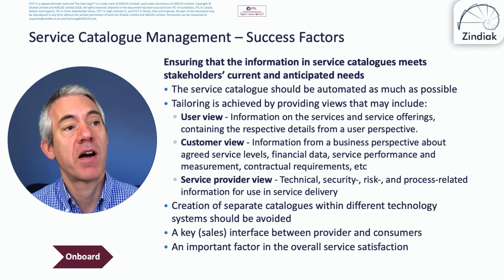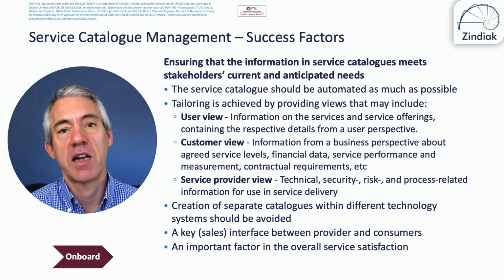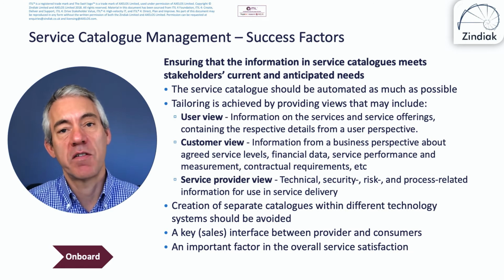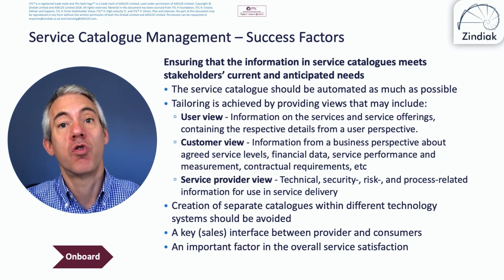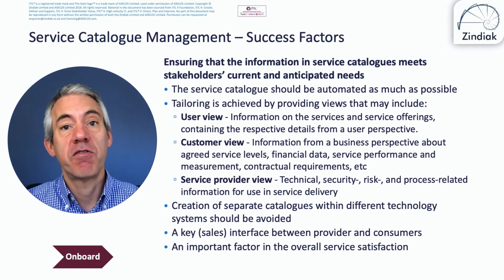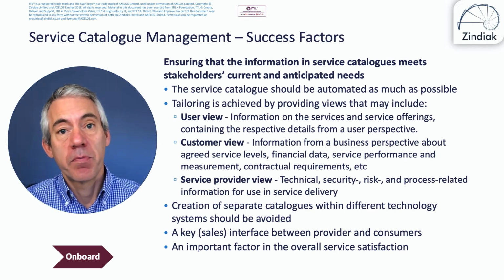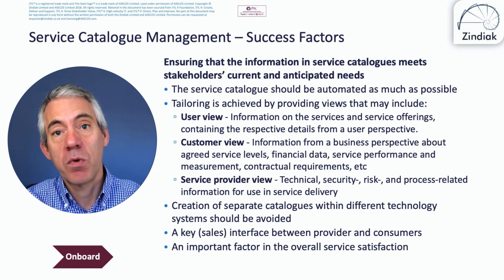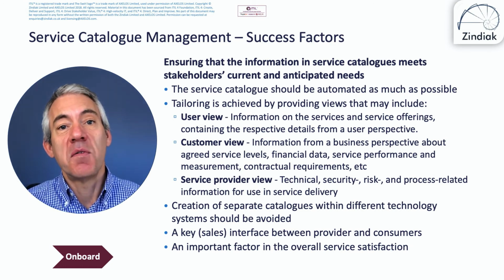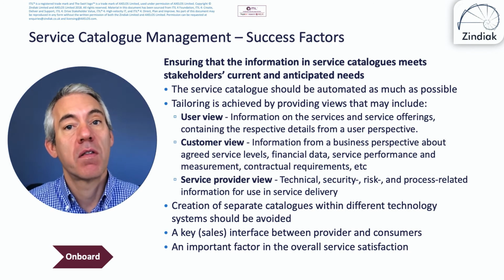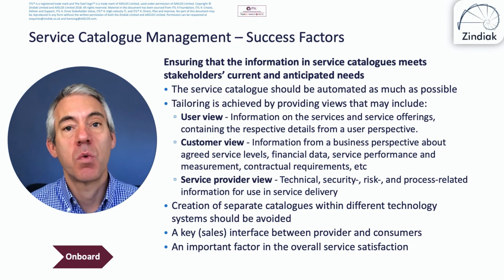Tailoring is achieved by providing views that may include user view, customer view, and service provider view. If you've worked with relational databases or other databases, you'll be comfortable with this concept of having one database, one store of data, but providing different views on it. And as I said, that's just like the App Store or Google Play. They've got a database somewhere where every single app known to them is stored, but they show you a view of apps that will work on your device, and that's what we want.